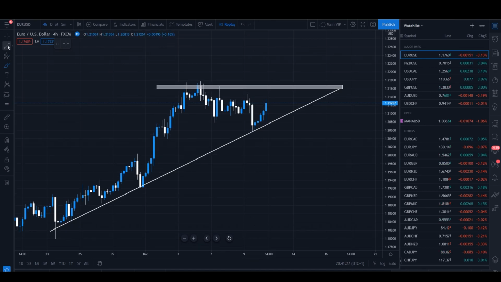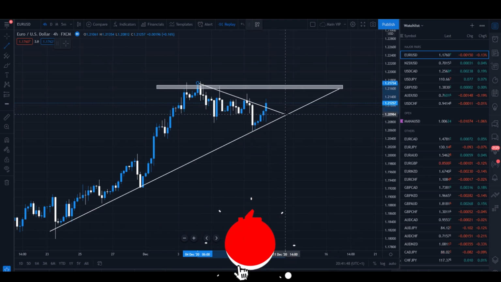After this formation, what else can we mark? Well, we can actually mark this little trend line over here, this little squeeze pattern, and this is where the wick identifying comes in, right? We could mark it over here and it would suggest a nice break.